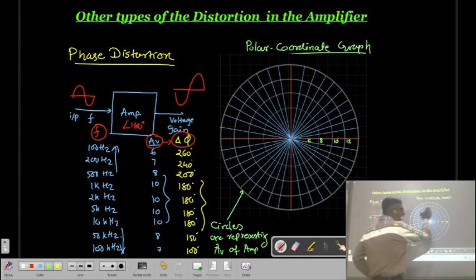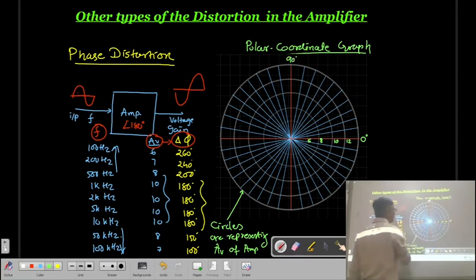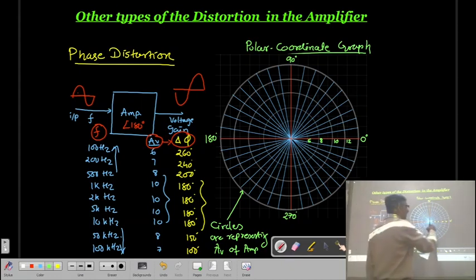Then the lines represent the angle. This line represents 0 degree, here we have 90 degree, then this is 180 degree and this is 270 degree. Here I have marked the lines at 10 degree steps.